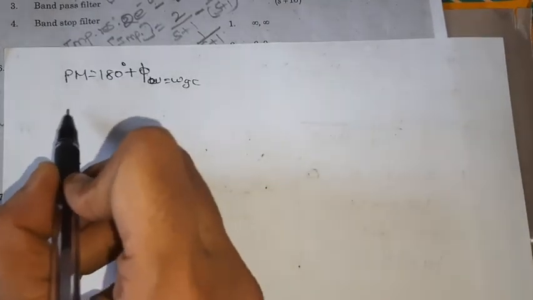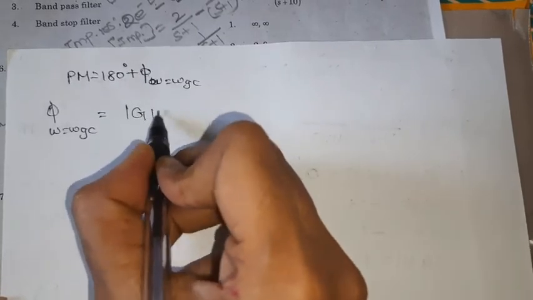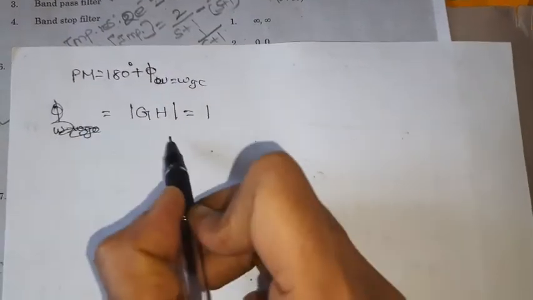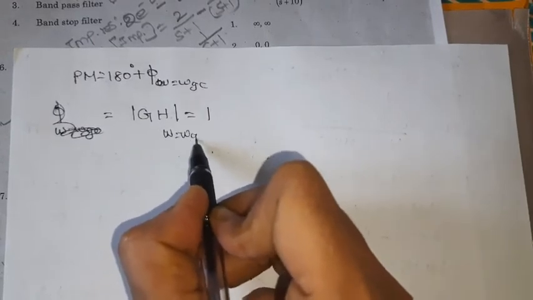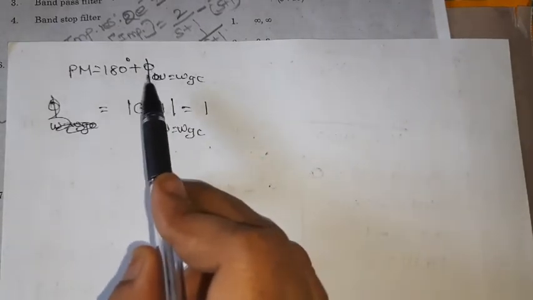How to find out the phi value? The phi value at omega equal to omega GC: the modulus of GH should be 1 at omega equal to omega GC. The modulus should be equated so that the GH value is 1, and then we get the phase value.